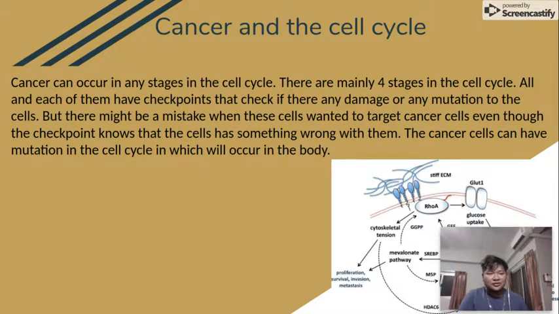There are also two proteins that have a mutation effect on the cell cycle, which are CDK and P53. If those are mutated during the checkpoints, the cell will let the cancer cell through, which can divide into more cancer cells.